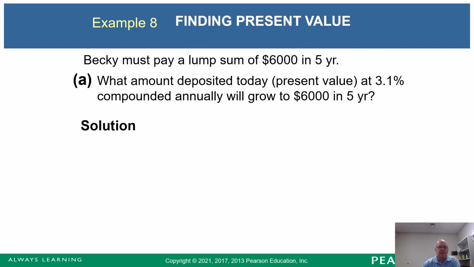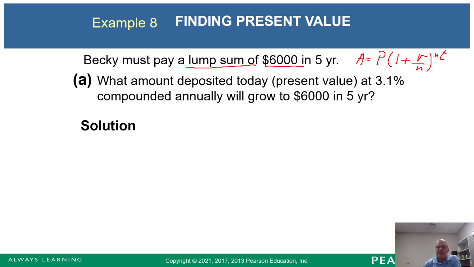Let's take a look at Becky. She has to pay a lump sum of $6,000 in 5 years. So this is a little bit different. Remember, the formula looks like this. Writing this a lot of times, this becomes second nature.